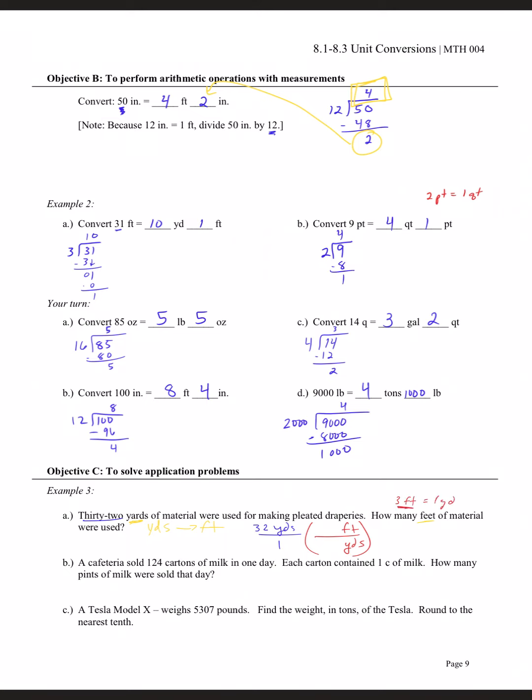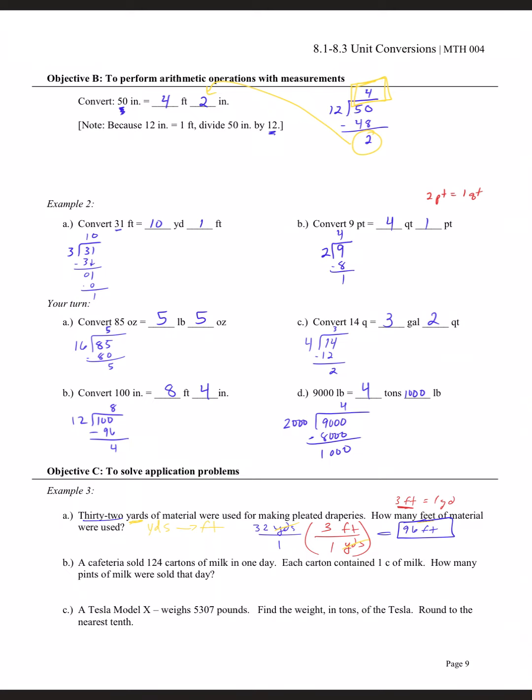So we put the 3 next to the feet, the 1 next to the yard. And then we multiply. Make sure your units cancel, yards with yards. Good. 1 in the numerator, 1 in the denominator. And then we have to take 32 times 3, which is 96. 1 times 1 is 1, so we don't do anything with that. And then we're left with 96 feet.